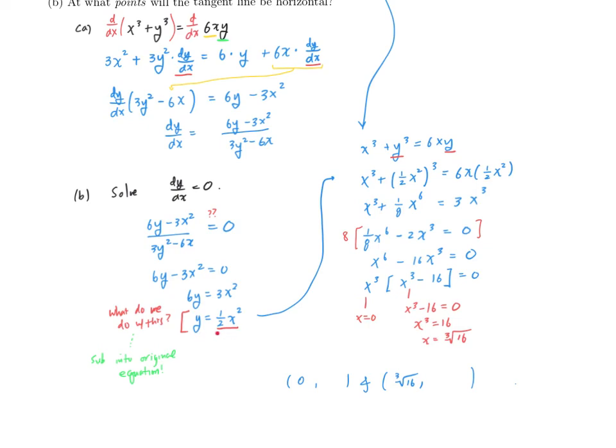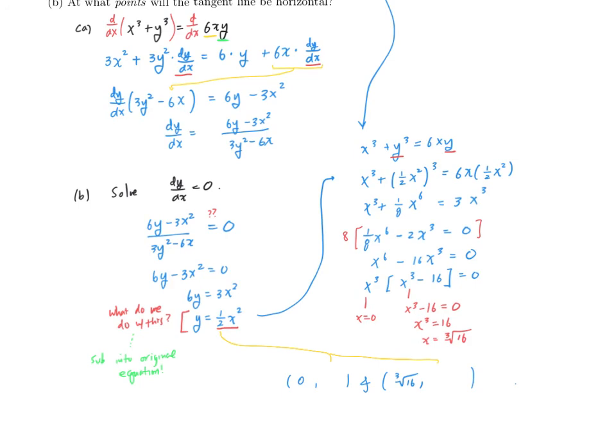And we need to know what are the points on our curve that satisfy that relationship. So we substituted it in, and we found the x coordinates of those points. The y coordinates are going to be determined by that equation, 1/2 x squared. So we need to use that to find the corresponding y coordinates.